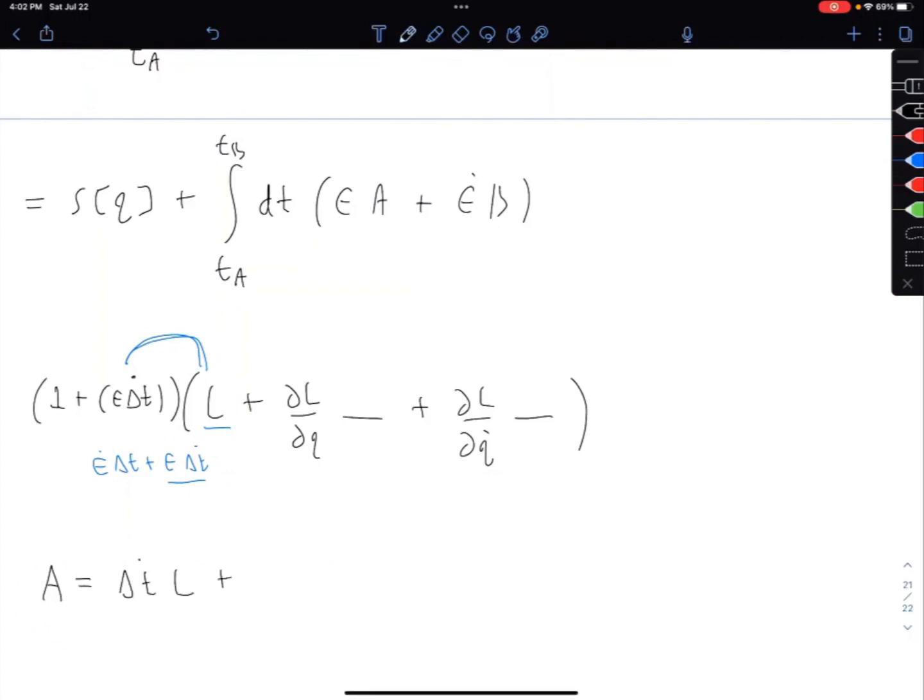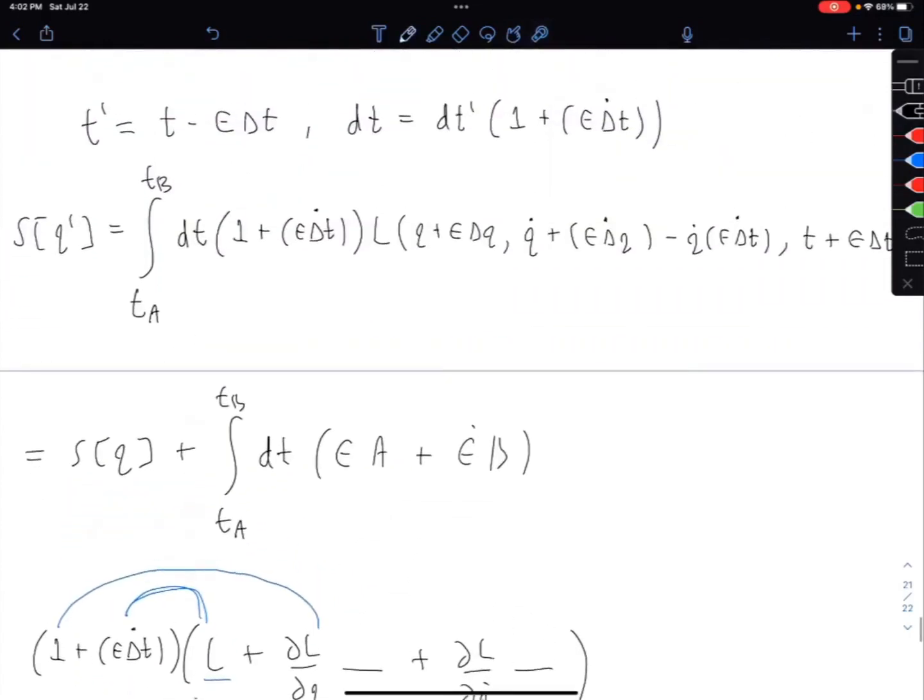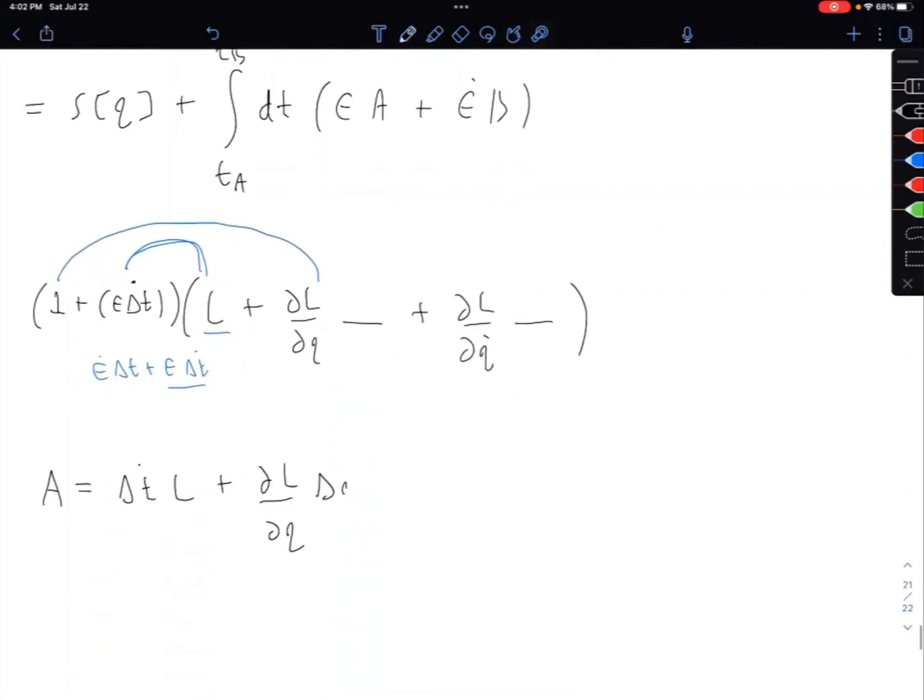And then I'm going to have this term, right? So that's going to be dL/dq times whatever is in here proportional to epsilon. And if I look here, it's going to be delta q. Okay, so there's that term.